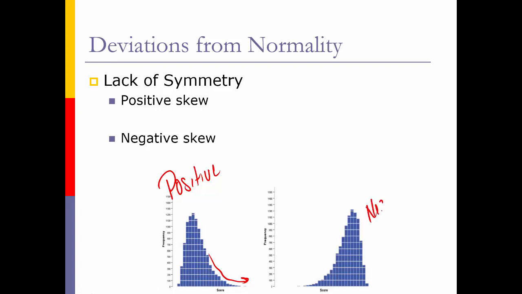And then on the opposite side of that is negative skew, where we have the scores bunch at the high values and the tail points to the low values.